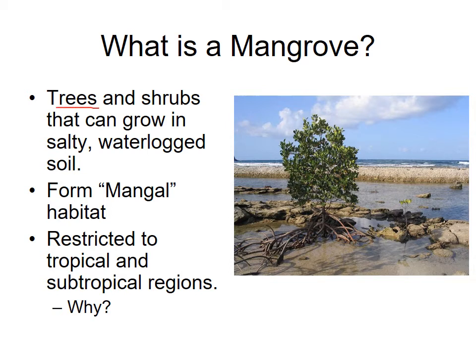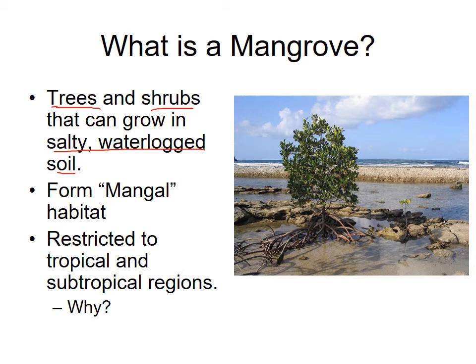So trees and shrubs, where shrubs are medium-sized and trees are large-sized, woody vegetation. Any tree or shrub that can grow in salty waterlogged soil is considered a mangrove. There's actually quite a few different species that aren't necessarily even closely related that we consider mangroves because they're woody and they have the ability to grow in salty waterlogged soil.